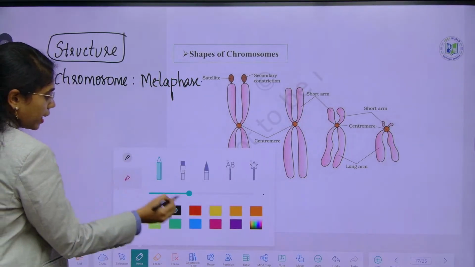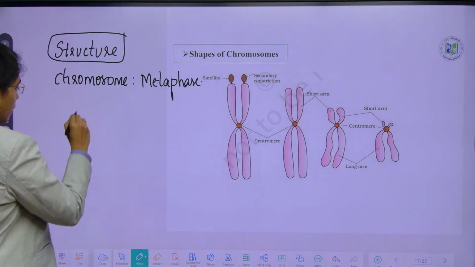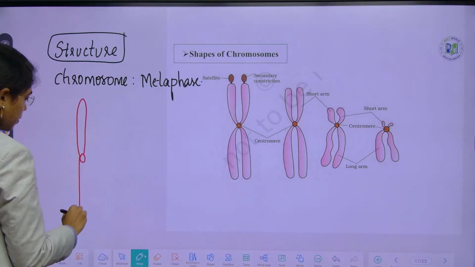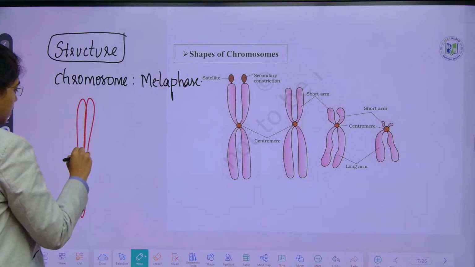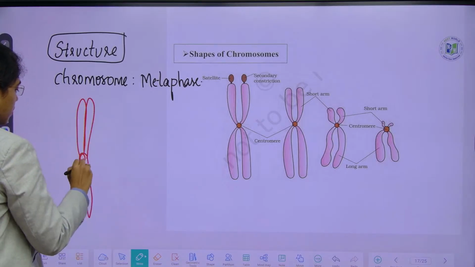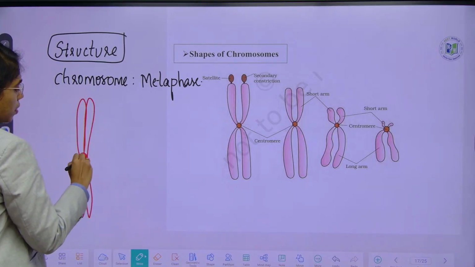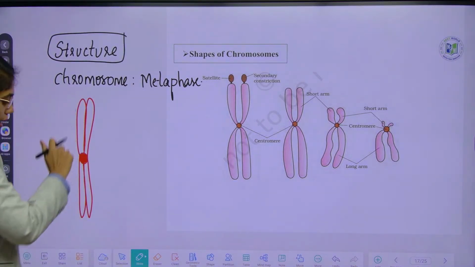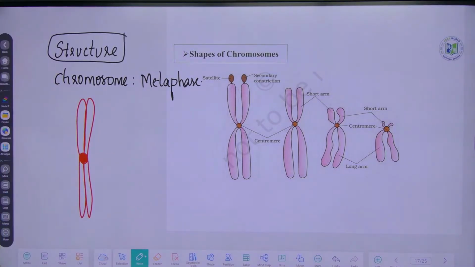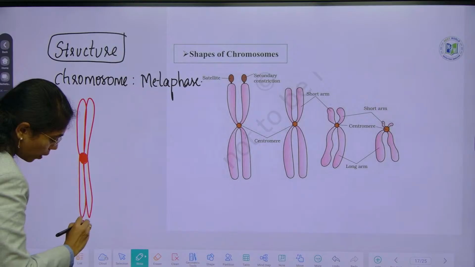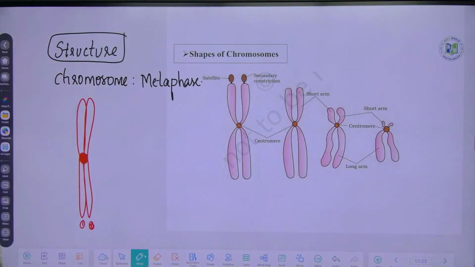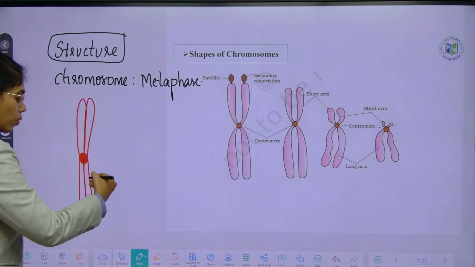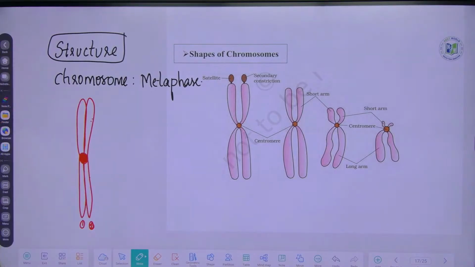So, if I take the chromosome structure here, this complete thread or strand is known as a single chromatid. How many chromatids do you have here? 2 chromatids, 1 and 2, and these are known as arms of the chromatids.